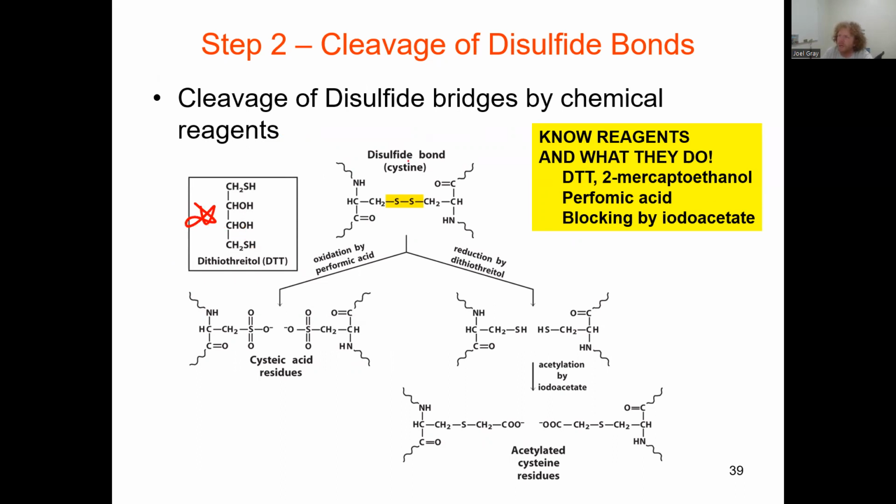These are substances that break a disulfide bond. So DTT and 2-mercaptoethanol. Those 2 substances I want you to know. I'm telling you explicitly, I want you to know those. The remainder of these, I'm not too concerned about, because we're going to be focusing primarily on the molecular scissors.